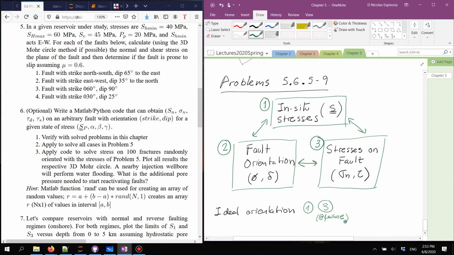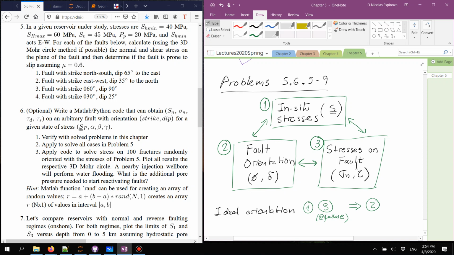And with these two pieces of information, we obtain the ideal orientation of a fault. We know the in situ stress. We assume that the stresses on the fault are at failure. And at that point, we get the ideal orientation. And all the problems are going to be similar to that. You're going to know two components of this problem, and then you have to determine the third one.